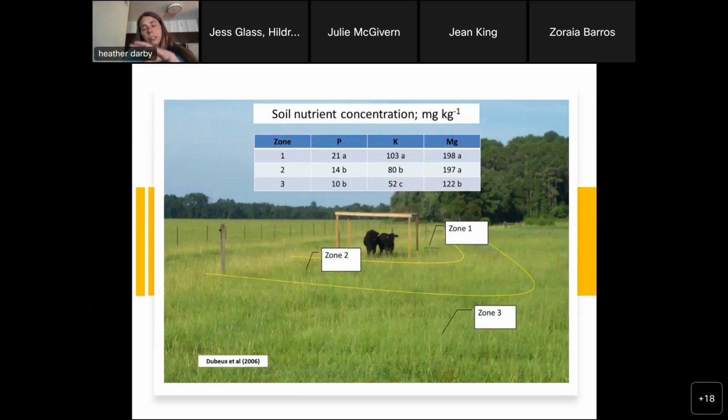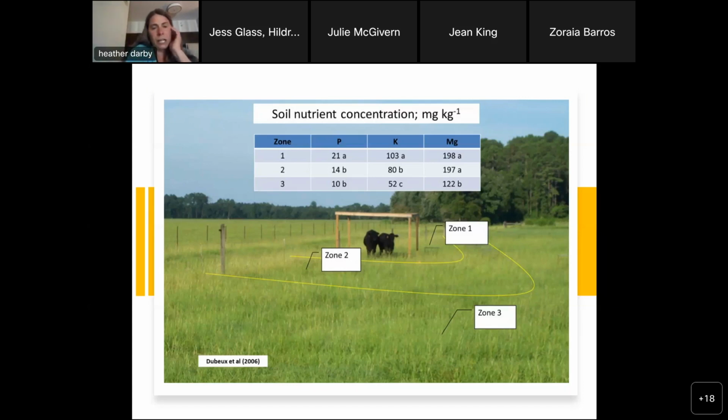We know generally if there's shade and water or minerals, something where the cows congregate and might stay for periods of time, we will see higher soil nutrient concentrations, right? So moving things around, moving the water tub, things like that can help distribute the nutrients that the cows are bringing onto the field across the whole field.